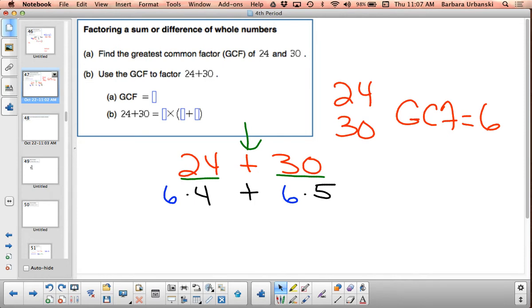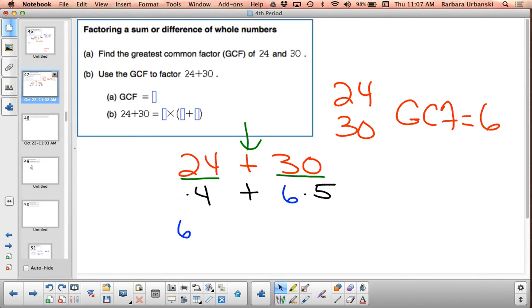With this in mind, we can now see that the common factor for 24 and 30 by design is 6. So when we are trying to factor out the common factor, 6 multiplied by a number is what's actually in common. So we are going to pull out that number, and the number is 6.